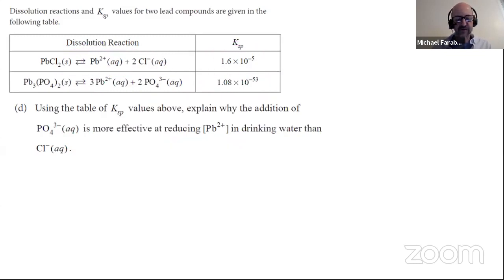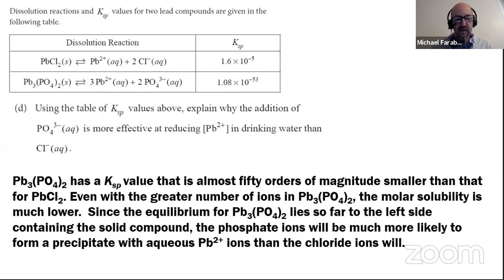So one possible answer was, given that the Ksp for lead phosphate is so much smaller than the Ksp for lead chloride, the molar solubility of lead phosphate is much lower. So therefore, the phosphate ions will be much more likely to form a solid precipitate when they interact with these aqueous lead ions.